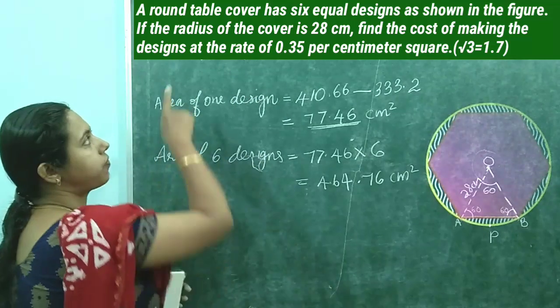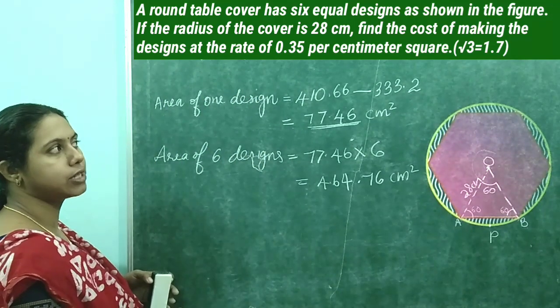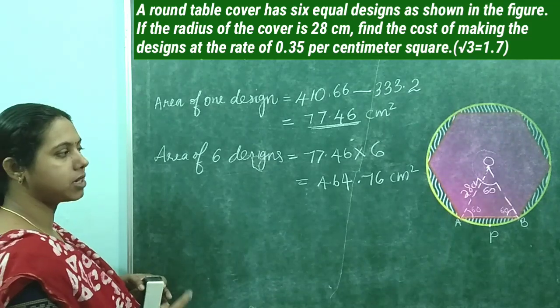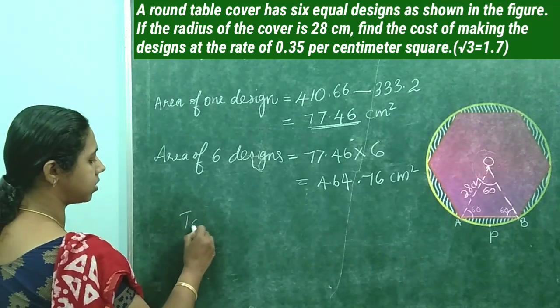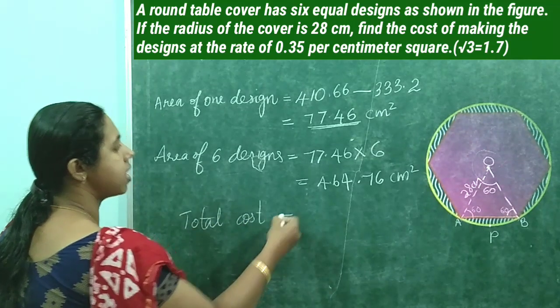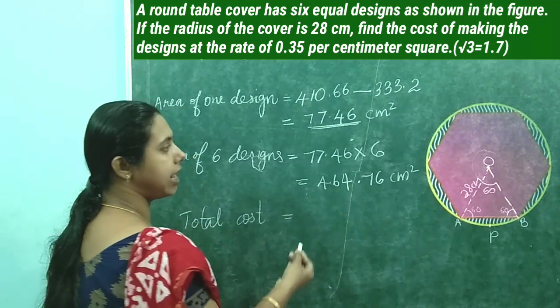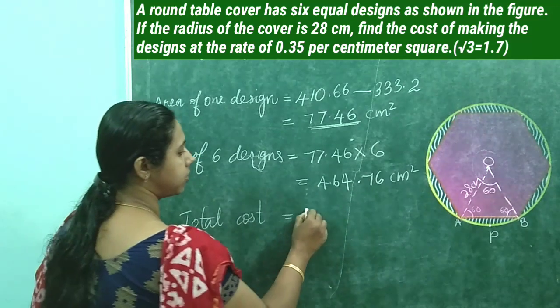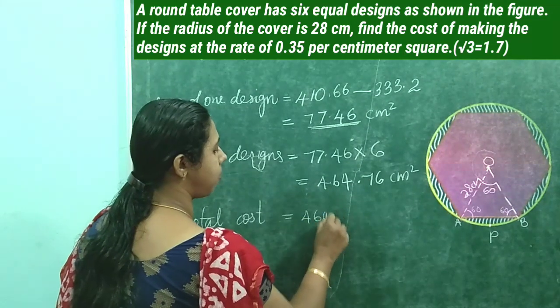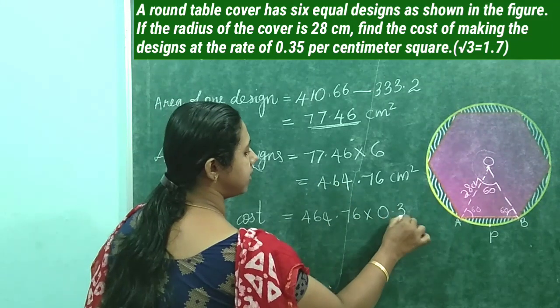But our question is, find the cost of making the designs at the rate of rupees 0.35 per centimeter square. So the total cost to make the design is equal to the total area into that cost. That means 464.76 into 0.35.